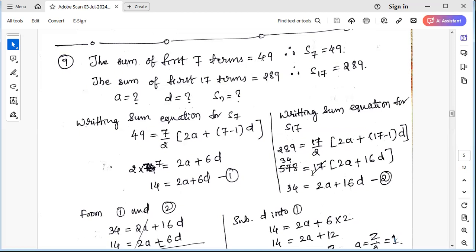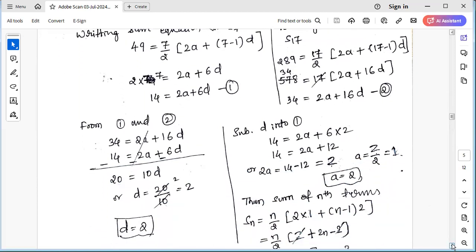So 578 is equal to 17 into 2a plus 17 minus 1, which is 16, into d. So here it gets cancelled: 17 ones are 17, 17 twos are 34. So this comes as 34. 34 is equal to 2a plus 16d. Let this be equation 2.